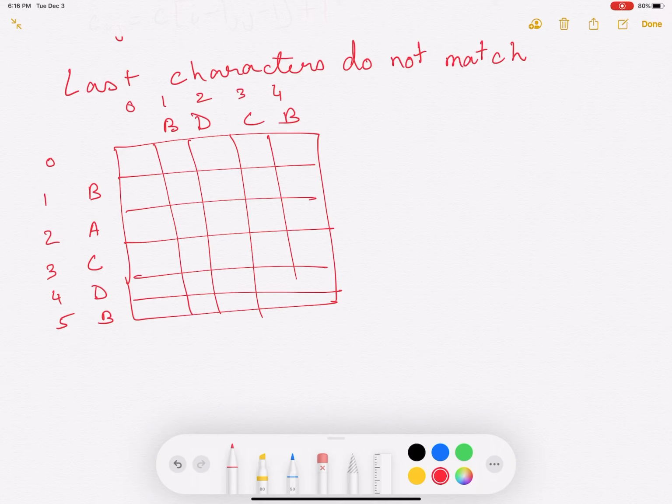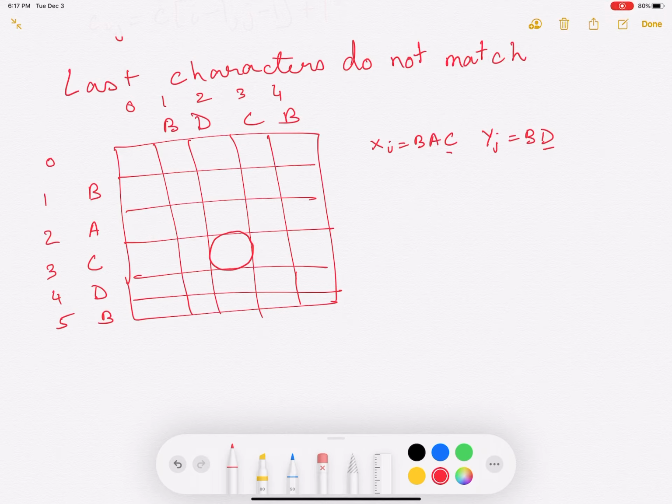Now, when we're trying to fill this block, the last characters don't match. So we're looking at xi equals BAC and yj equals BD, comparing between those two. When the last characters do not match, one thing we can be sure of is that both the C and the D cannot be part of the longest common subsequence.